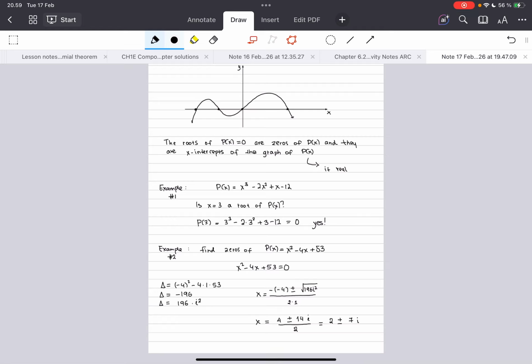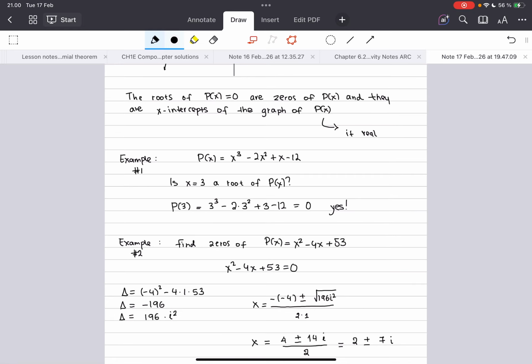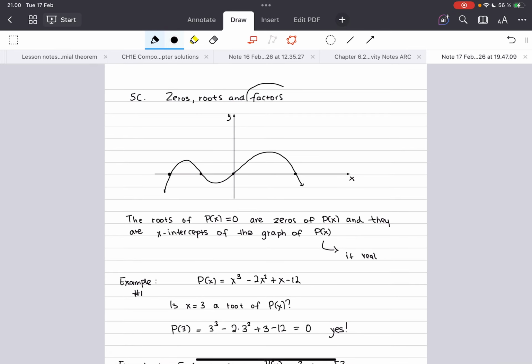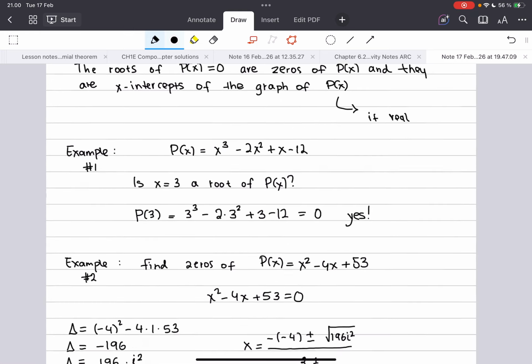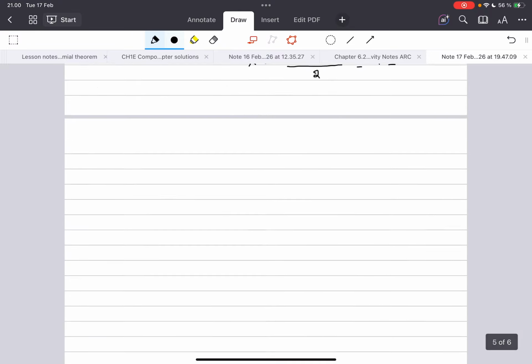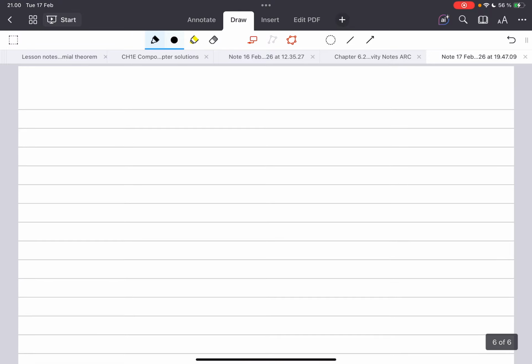We talked about roots and we talked about zeros. The last thing we need to talk about in this subchapter is factors. So let's address the factors. Right here, factors. We could write down that x minus a is a linear factor, and we call it linear factor because x is raised to the power of 1 here, right?